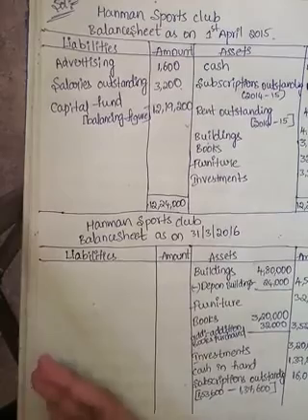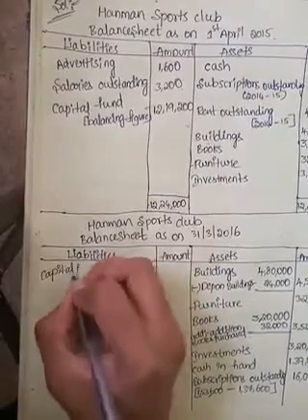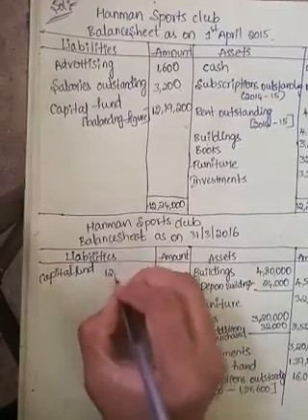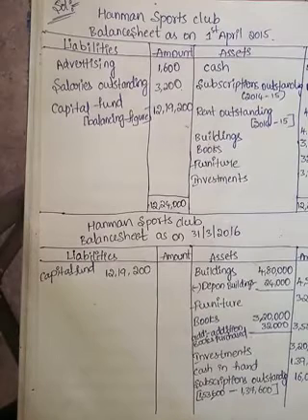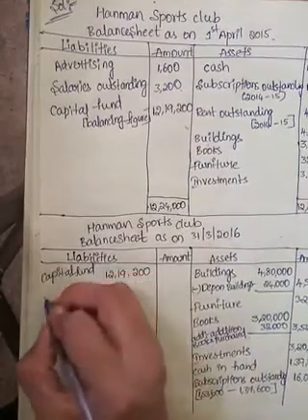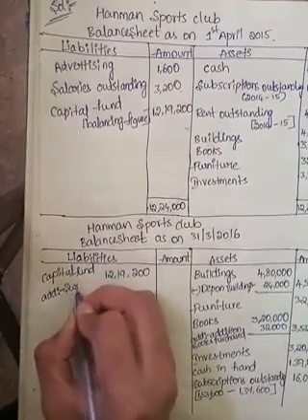Next on the liability side, capital fund. How much is the capital fund on the opening balance sheet? It is 12,19,200. For this, is there a surplus or deficit in the income and expenditure account? Excess of income over expenditure means surplus. If there is a surplus, it will be added to the capital fund. Add surplus.